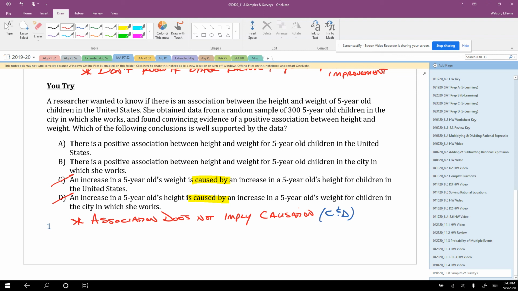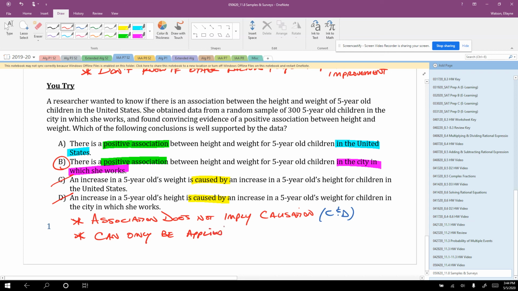Both say there's a positive association. Okay, so that's common between them. So what's the difference? The difference is here. A says the children in the United States versus B says in the city in which she works. So the correct answer here, hopefully you got it, was B. And this is because the results can only be applied to the same population.